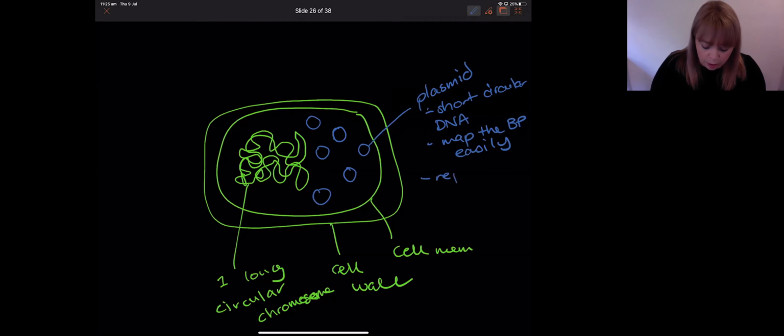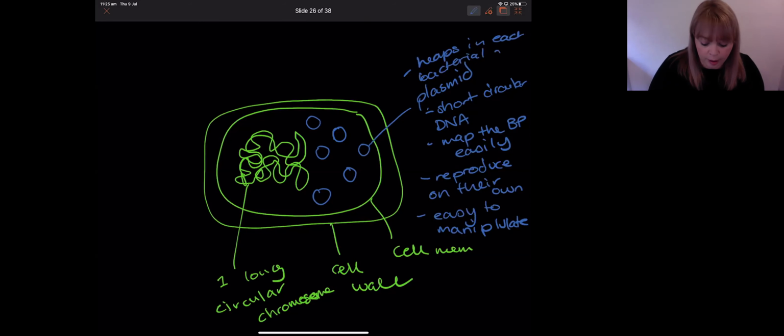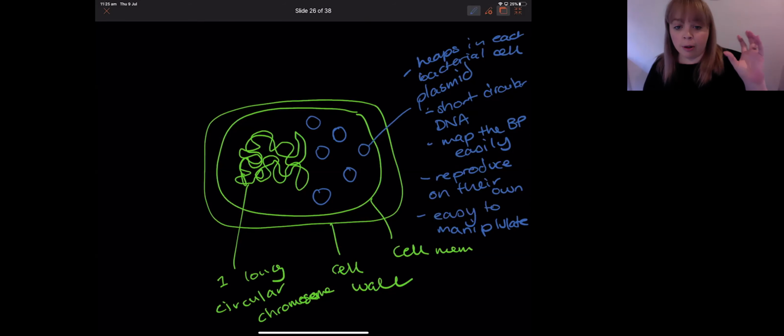They reproduce independently of the bacterium, and they're easy to manipulate, easy to take out, easy to put back in. There's also the fact that there are heaps of them in each bacterial cell. So there's a whole bunch of reasons why we're going to use these plasmids.